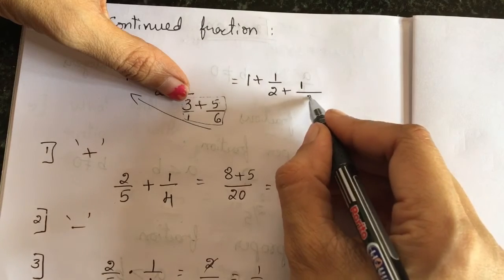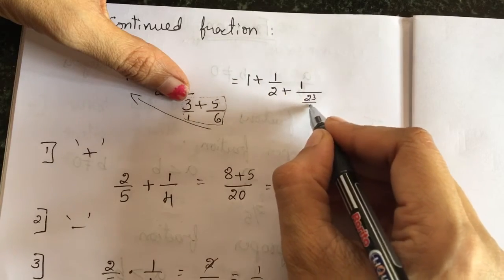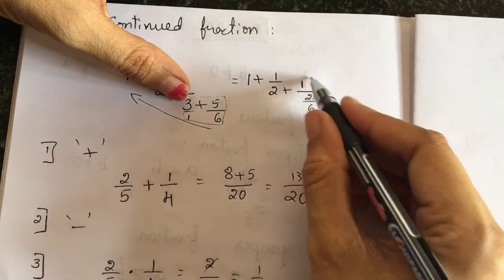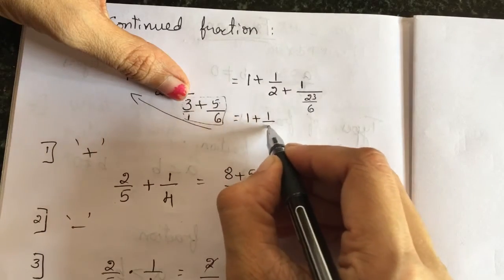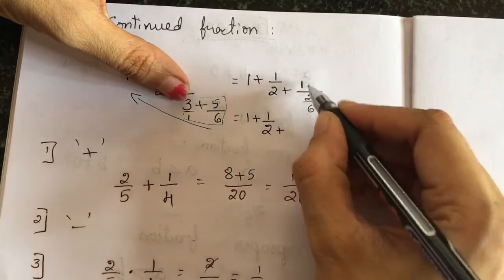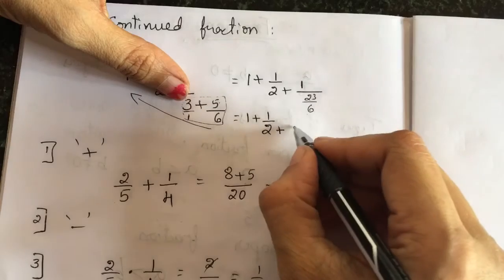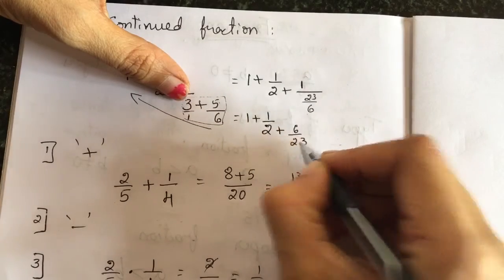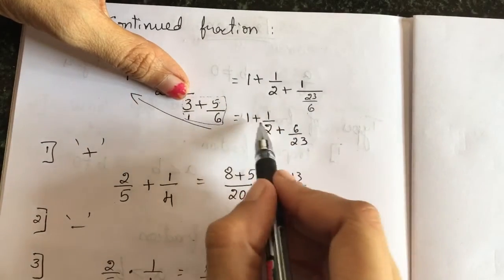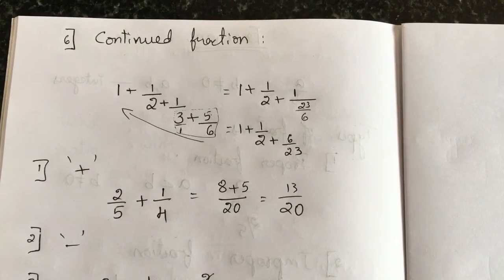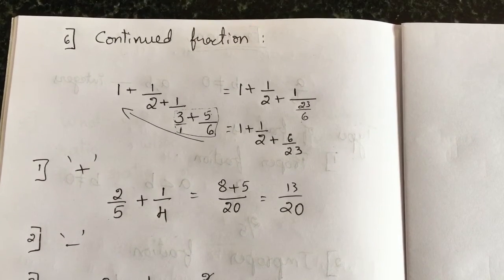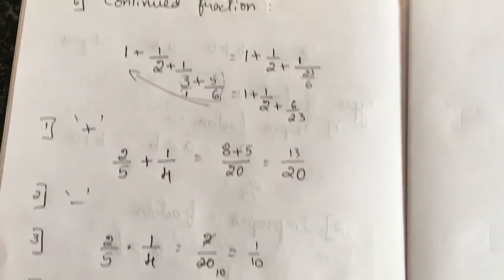So this will be 23 by 6. Now you take this 1 by it, so this will be 1 plus 1 by 2 plus, and this goes up, so it's 6 by 23. Now again simplify this and proceed. This is in the case of a continued fraction, which is very rarely asked in competitive exams.